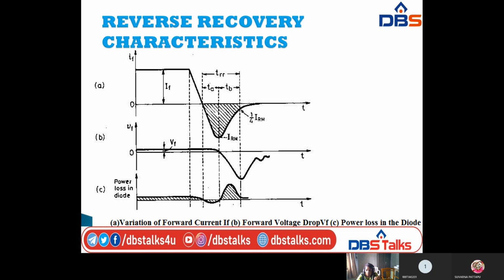This is the power loss in a diode. For a sinusoidal wave, the power loss occurs from the reverse recovery time up to this point, and after that the current flows like this.